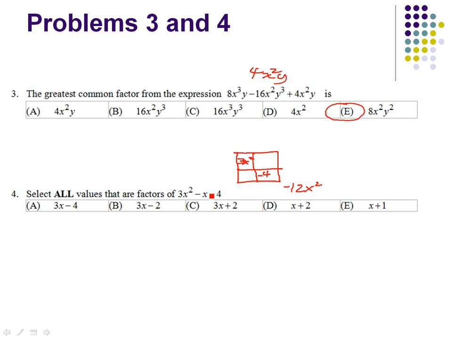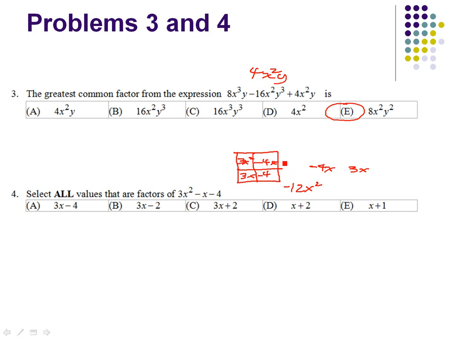I need two numbers that multiply to give me -12x squared, but add to give me -1x. So what I really need are two numbers that multiply to give me -12, but add to give me -1, which would be -4x and a 3x. It doesn't matter where you put each one. So if I put the -4x here and the 3x here, I just have to think about factoring out pieces.